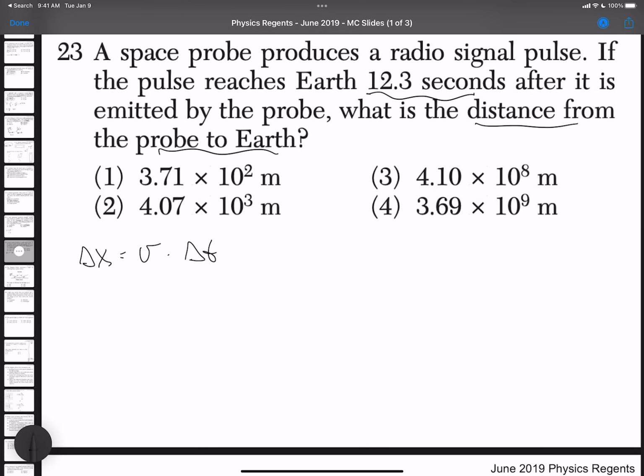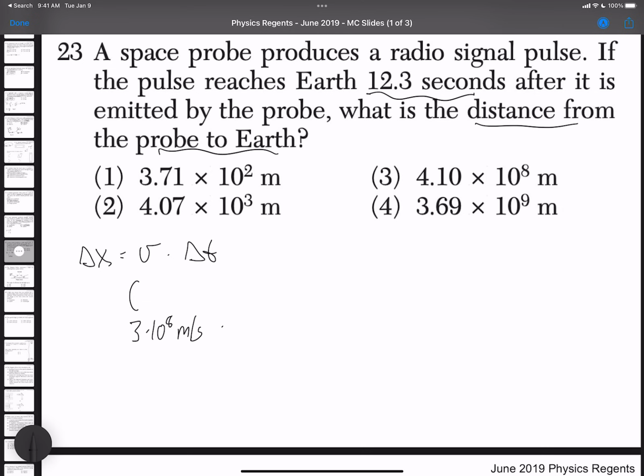So then the thing that we have to figure out is, how fast is a radio signal traveling? Well, radio signals are light, so they travel at 3 times 10 to the 8 meters per second. That number, the speed of light in a vacuum, is available for you on the reference table on the first page. It is the third number down.